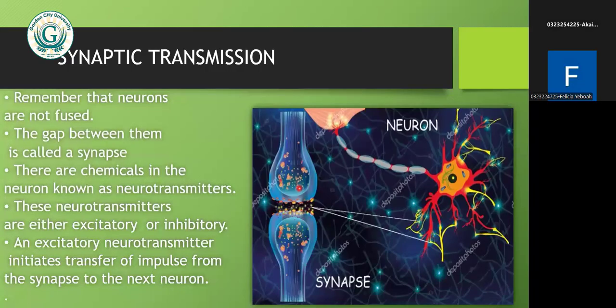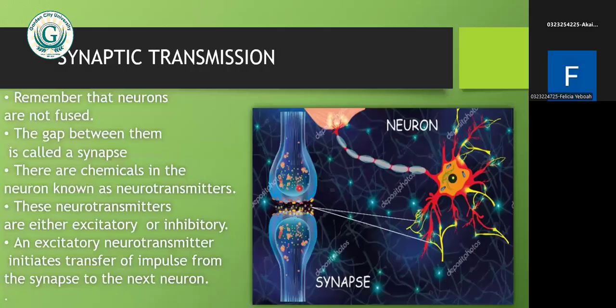You would never have an instance where the neuron will release excitatory at the same time as inhibitory. There's nothing like that. It will either release inhibitory or excitatory, not inhibitory and excitatory.